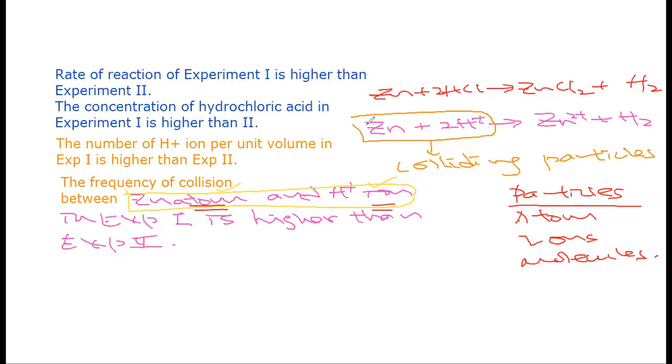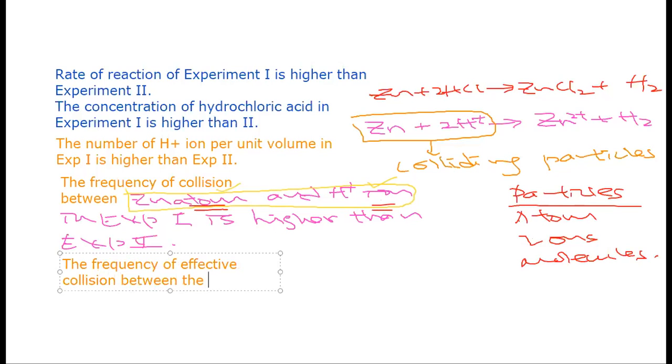Okay, now we move on to the next part where we are talking about the last sentence. When there is frequency of collision, there also will be the frequency of effective collision. Okay, between who?